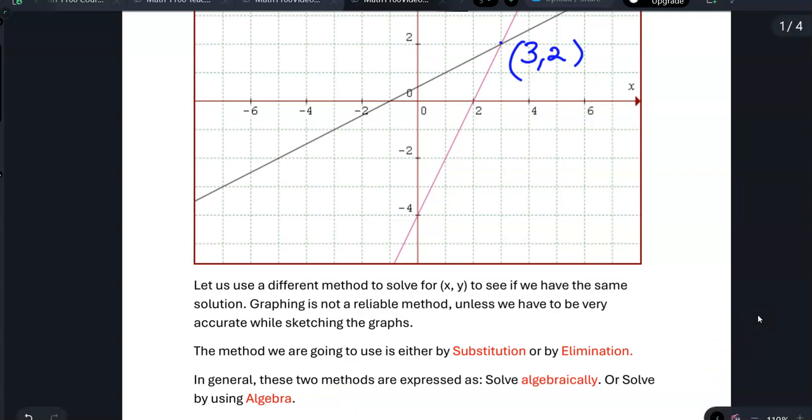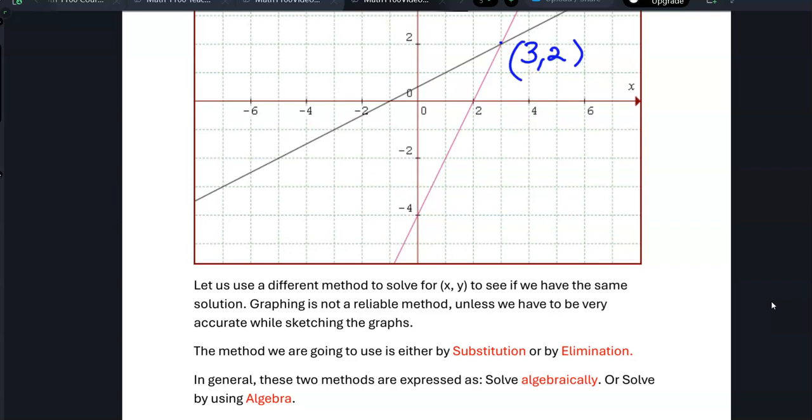So when they ask you to solve a system of two equations, two unknowns using algebra, you have a choice of using either the method of substitution or elimination. Eventually, you will figure out which method is best to use. Or they may even ask you to use a specific one: please use the substitution method, please use the elimination method, or they can just say using algebra. Using algebra means you have a choice. Whichever method is easier for you, just go ahead and pick it.